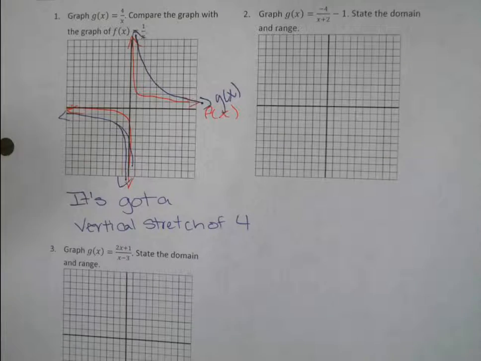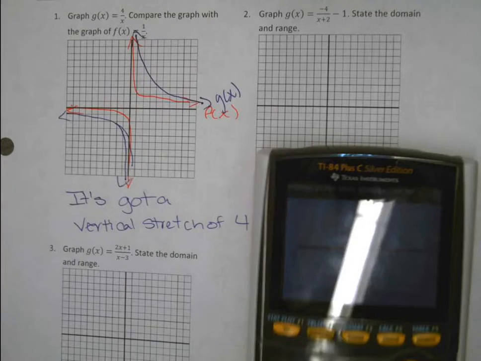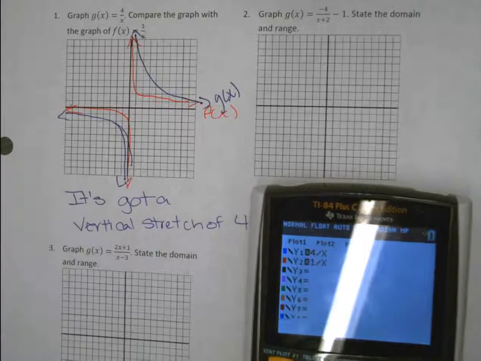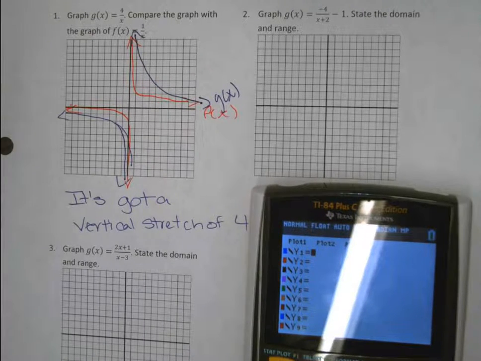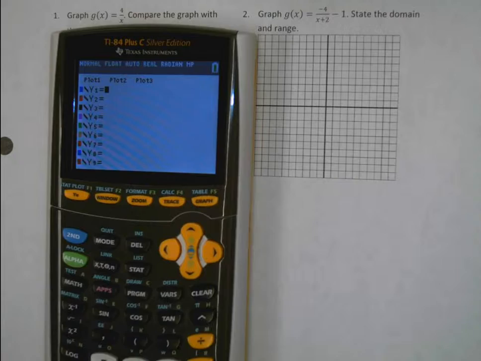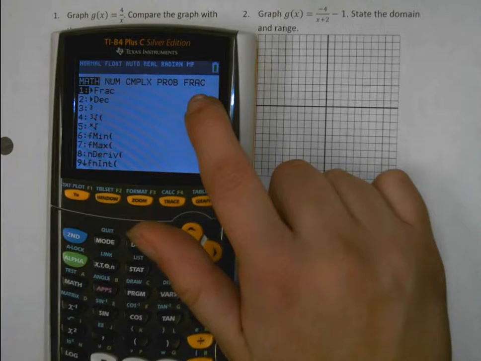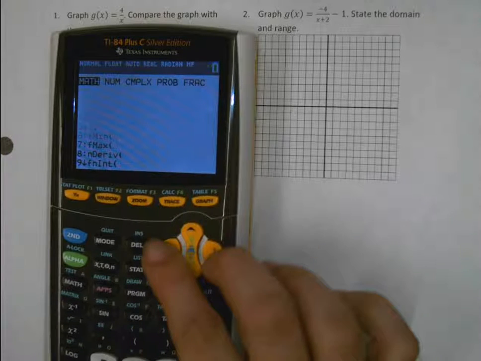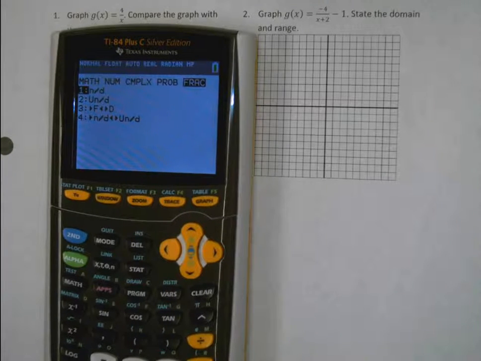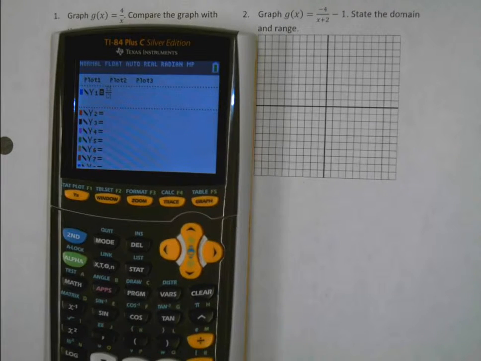Okay, so then on number 2, I'm going to type this into the calculator. When I type it into the calculator, I have to be very careful. Notice how I have x plus 2 on the bottom of the fraction. What I want to do here is go to math, and go all the way to the word frac at the end. See choice 1, n divided by d, this gives me the fraction bar in the middle, and then I can just type it on there.